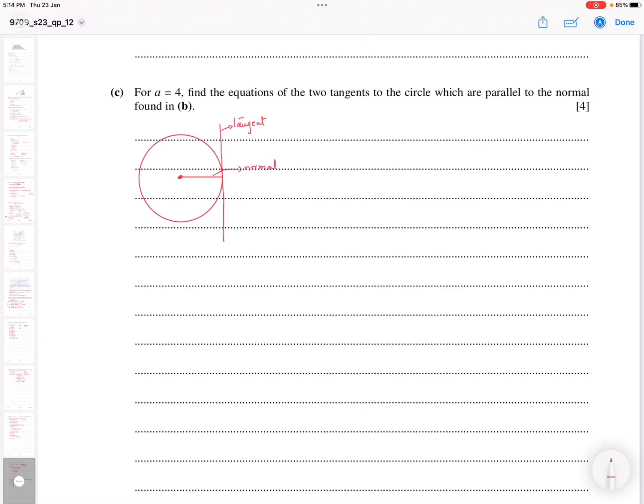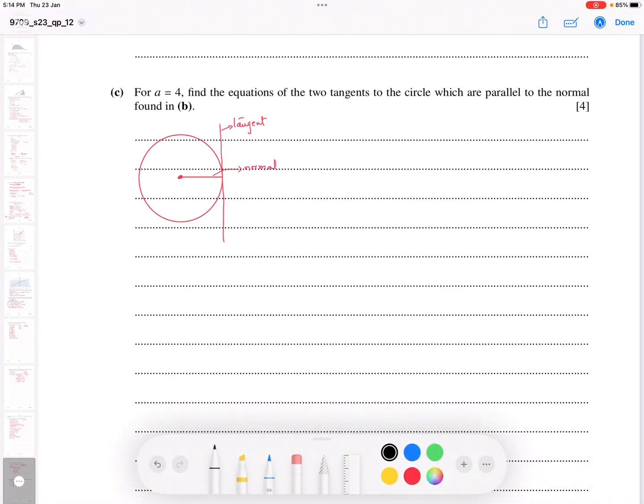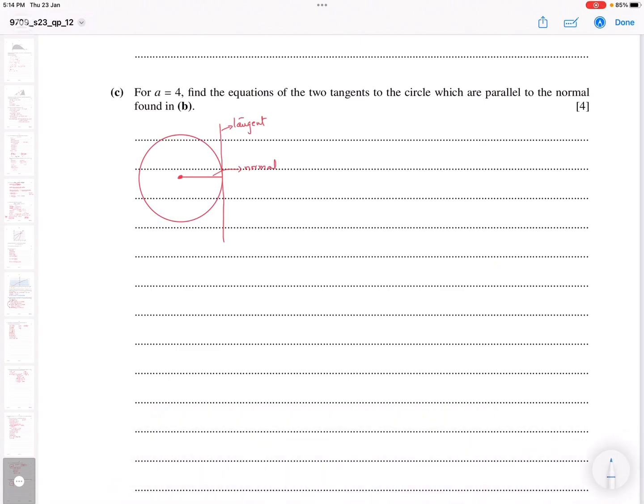So I have to make two tangents which are parallel to the normal. So one goes from here and the other goes from here. These are tangents which are parallel to the normal.